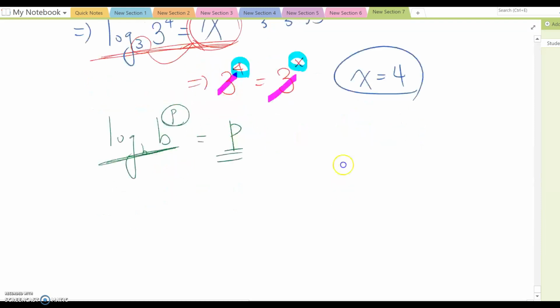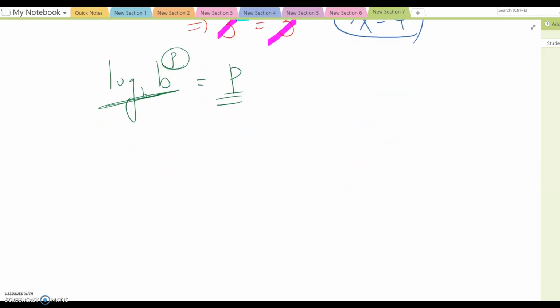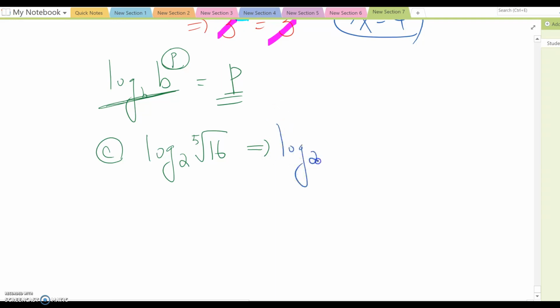Okay, then let's think about some examples. Also see here, log base 2 of the 5th root of 16. Okay, then you can rewrite this as log base 2 of the 5th root of 2 to the 4th power, because 16 means 4 times 4, and 2 times 2 and 2 times 2, right?